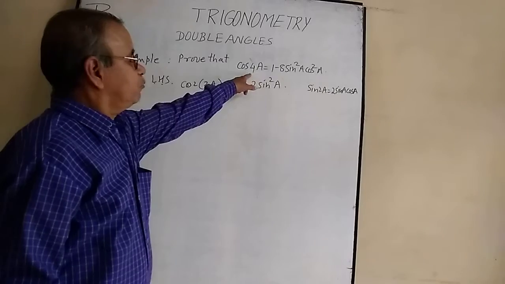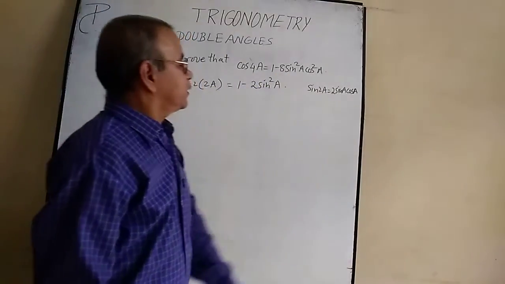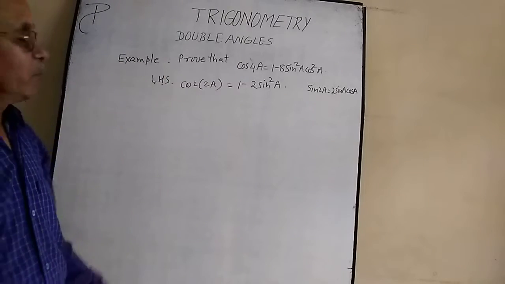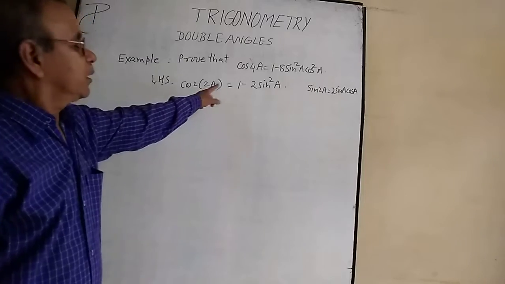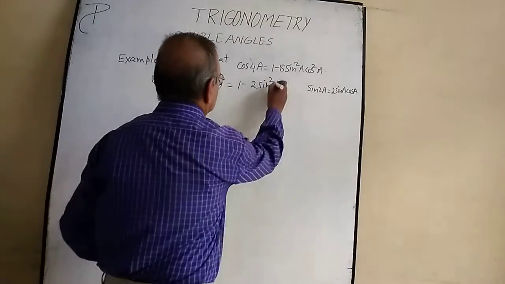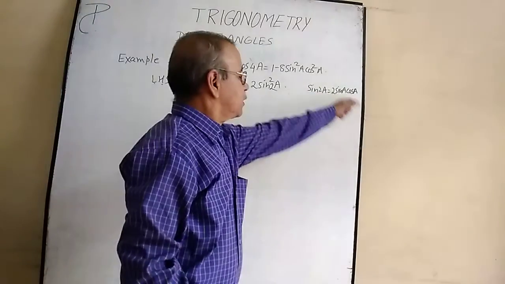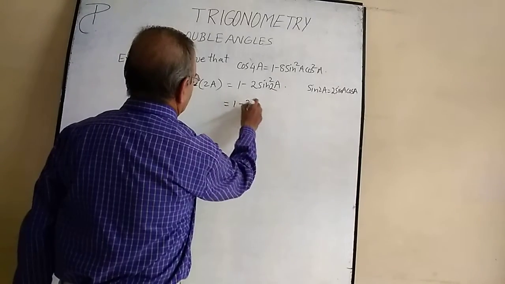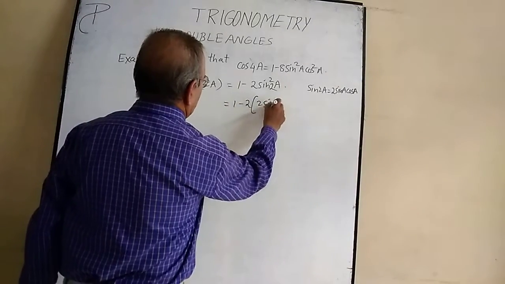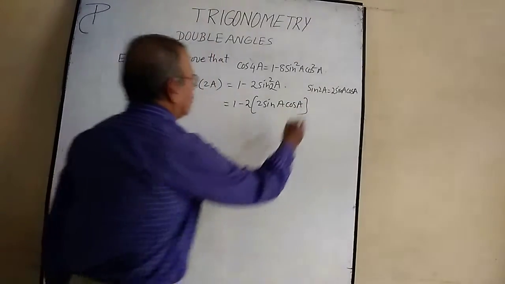Here, in place of 2a, I will write cos 4a is equal to 1 minus 8 sin square a into cos square a. So this cos 4a can be written as cos 2 into 2a, which is equal to 1 minus 2 sin square 2a. Here sin 2a is equal to 2 sin a into cos a, and therefore I will write 2 into 2 sin a into cos a, whole square.